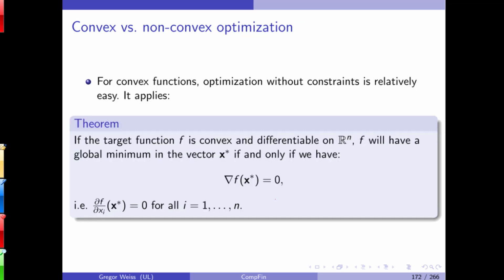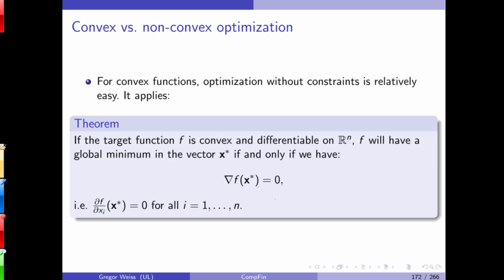Okay. This is also why you might have seen this in economics, in theoretical models. It's always nice to check for the convexity of a target, of an objective function. If you can show that the objective function is convex and you calculate one optimum, you know that it's the only unique global optimum.